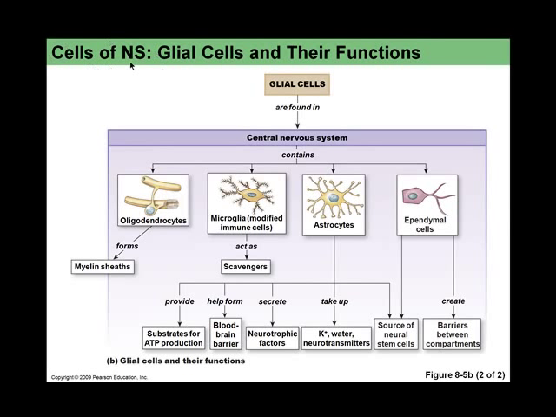So the cells of the nervous system, we continue with the glial cells, where they are found in the central nervous system now.